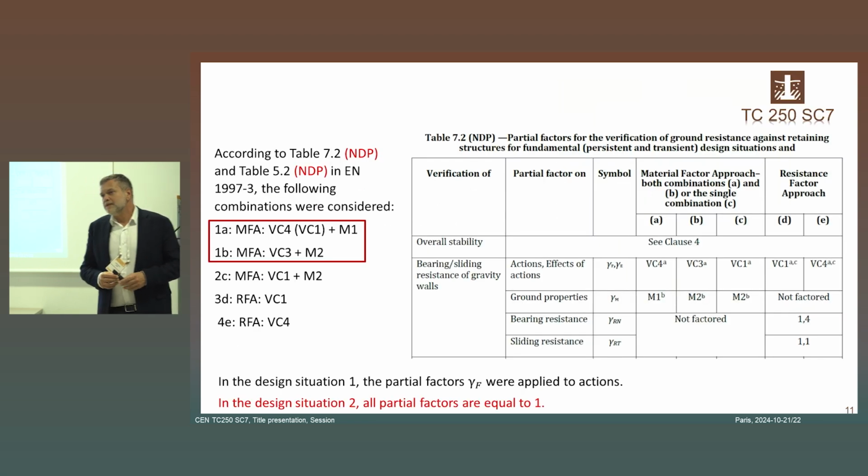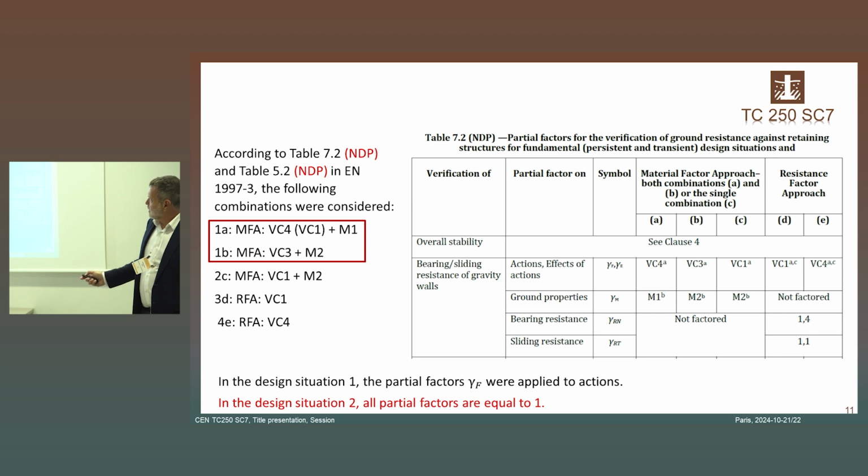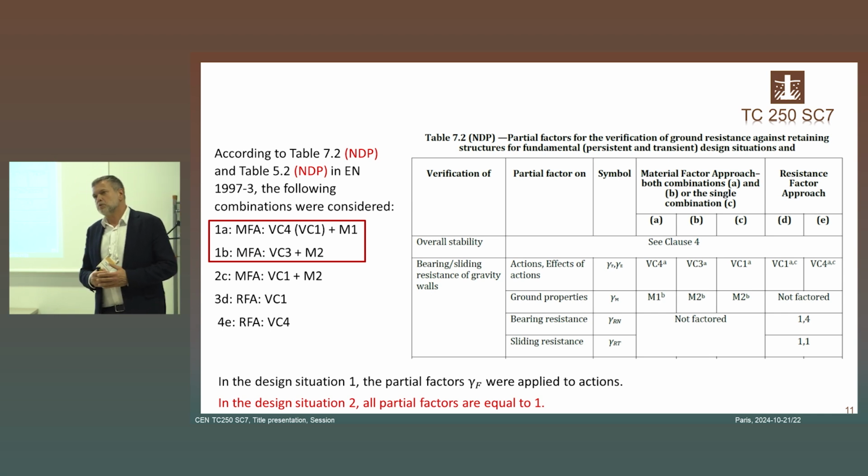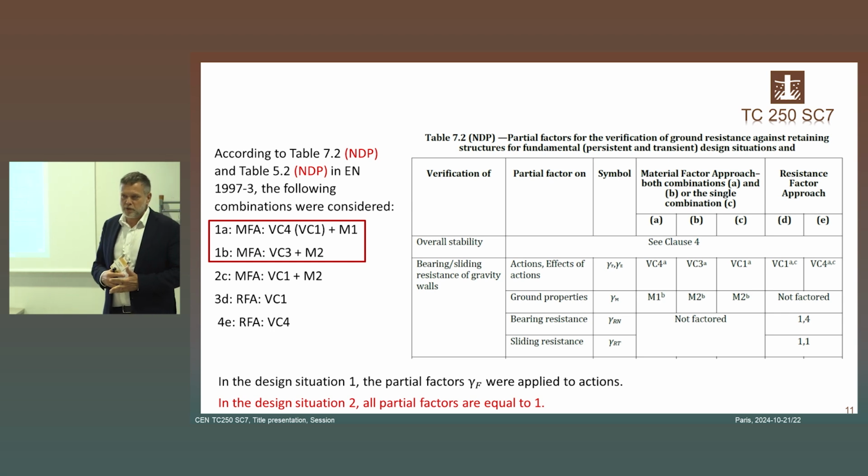So now if we go into the calculation, first step is to select the approach that we want to follow for the calculation itself, and according to what is reported in table 7.2, that is basically very similar to table 5.2. 7.2 is for gravity retaining systems, 5.2 is for shallow foundations, but obviously both apply, both are coincident in this case. We have the possibility to proceed either with the material factor approach or with the resistance factor approach.